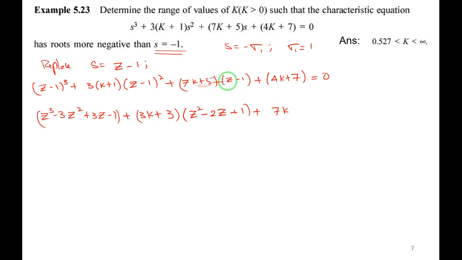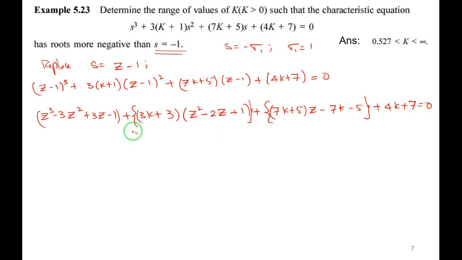Let me multiply 7k plus 5 with z, 7k plus 5 into z. Let me use the brackets so that it will be very clear: 7k plus 5 into z minus 7k minus 5, right? I am using the brackets properly so that I should not go wrong.